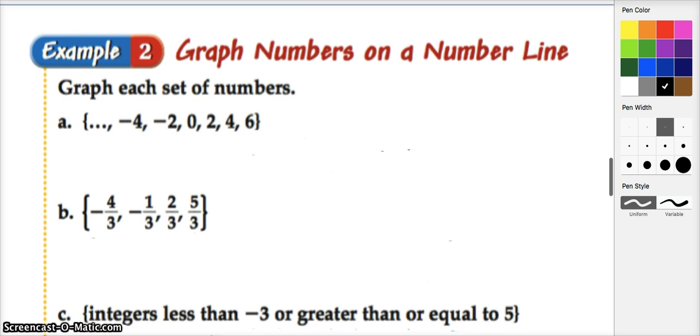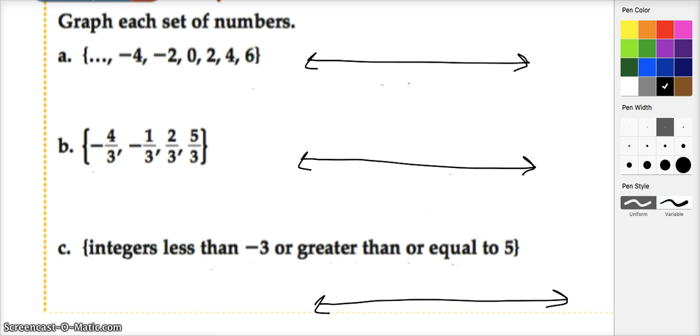Over here, we're going to graph the numbers on a number line. Let me draw my number lines for you. Okay, there we go. And then the next thing I want to do is observe what they're saying. It looks like this particular one, part A, is continuing on. We have this ellipsis, which means on and on and on, in this case to -infinity. We're going to keep going forever.